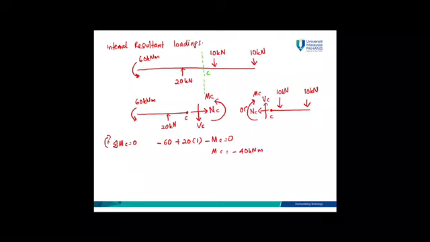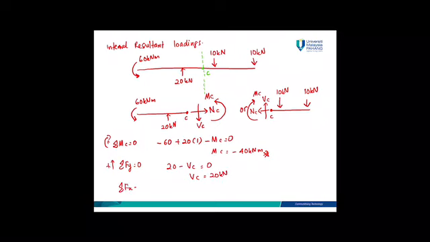For internal resultant loadings, it has its own sign convention. Then if you get a negative value, just leave it as a negative, because we follow the sign convention. And then summation Fy is equal to 0, upwards is positive. You have 20 minus VC is equal to 0, then VC is equal to 20 kilonewton.